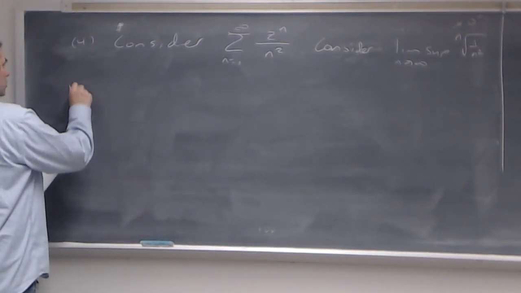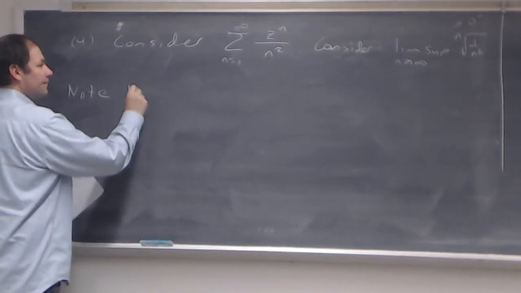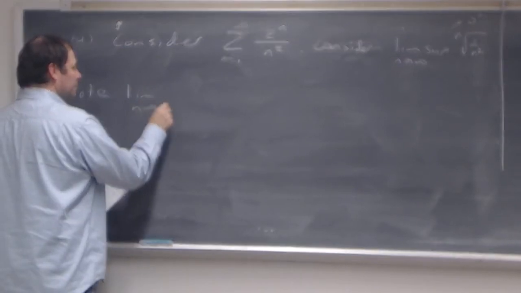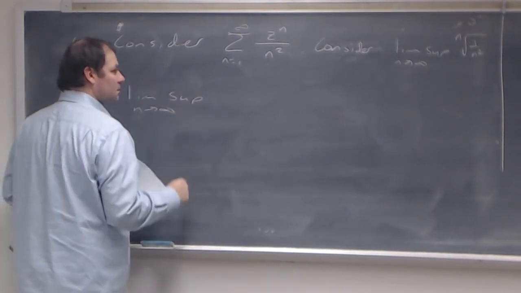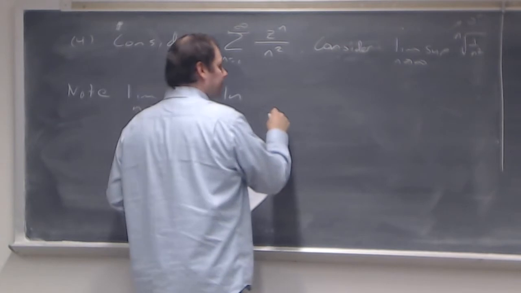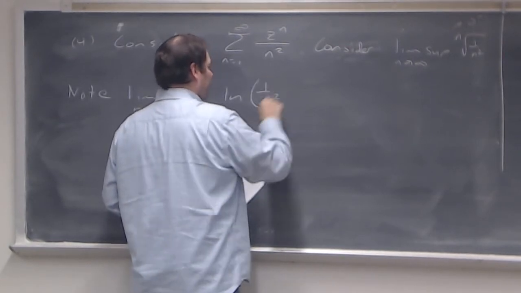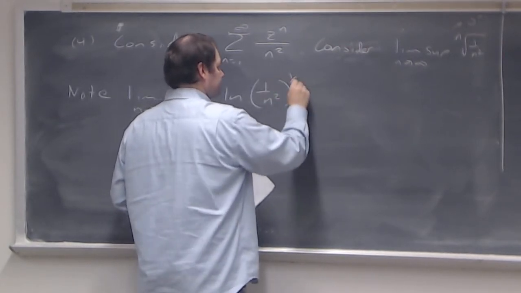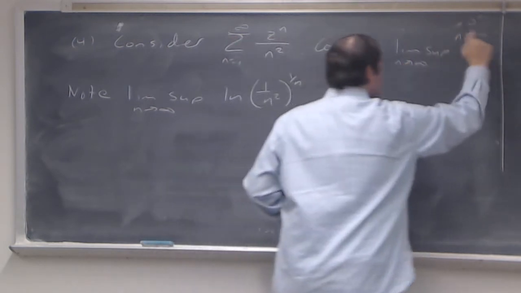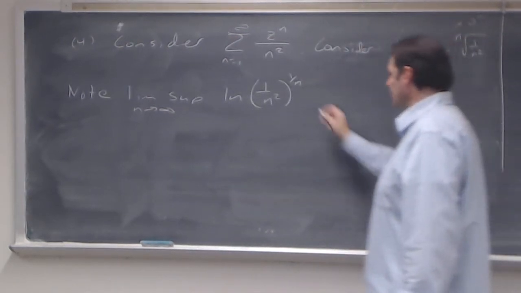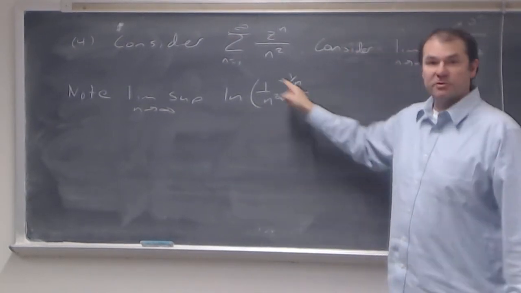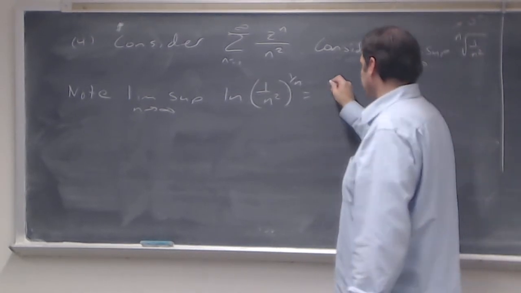So we will note that the lim sup of ln of (1 over n squared) raised to the 1 over n, which is ln of this function, equals, using properties of logarithms, we bring down the 1 over n.